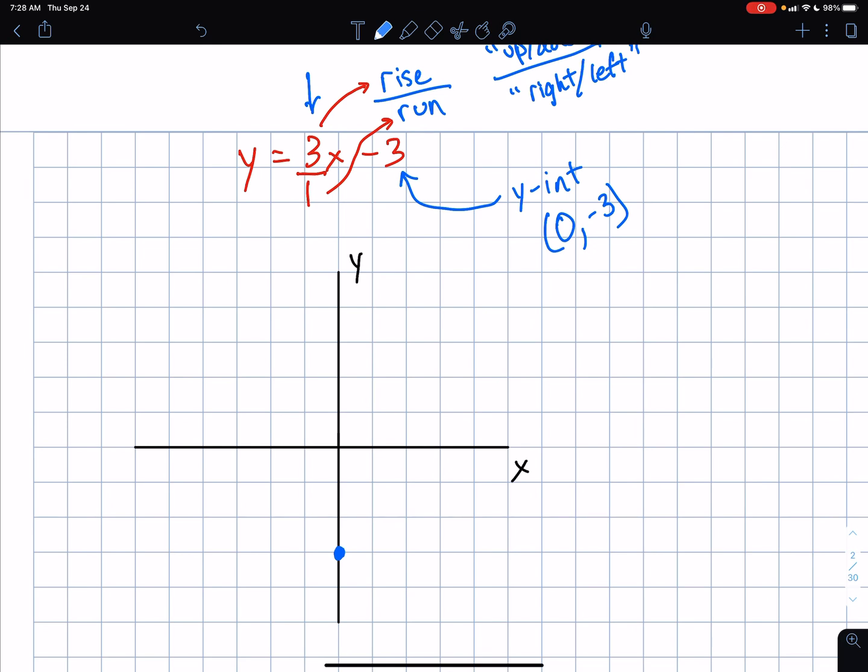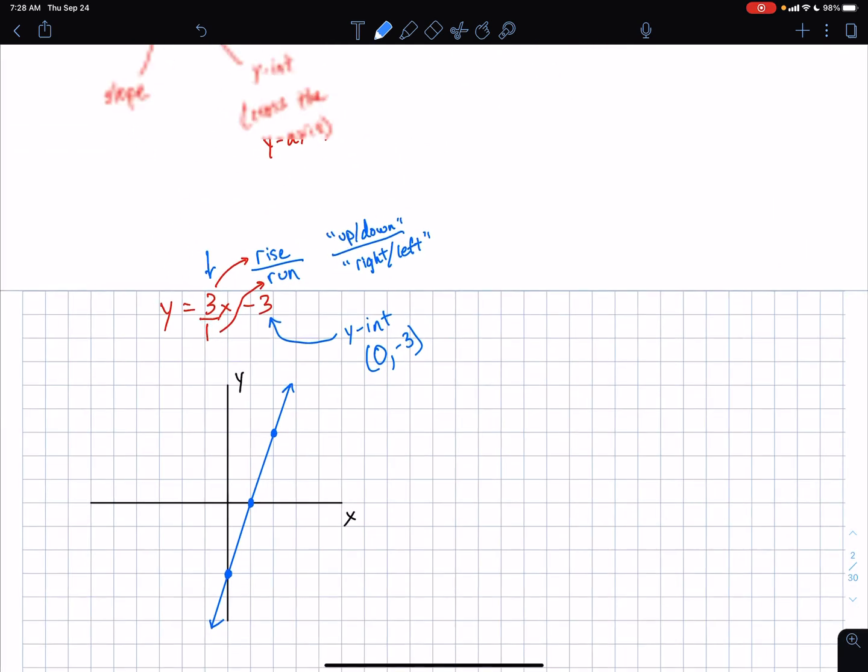So from our blue dot, we go up 3, right 1. Up 3, right 1. And there's the points for us. And so what you would want to do after making a couple points is just connect the dots with some arrows on the end. And so I'll try to do that as straight as I can. And that is our line.